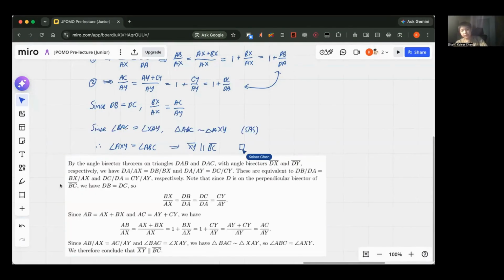So here, notice that we wrote everything up, kind of. For example, here, since AB equals AX plus BX and AC equals AY plus CY, then we have this. But note that instead, I wrote this entire thing as just one equality. So it's just a chain here, right? Then we have this, and then therefore, yeah. So generally, a well-written proof will look something like this.